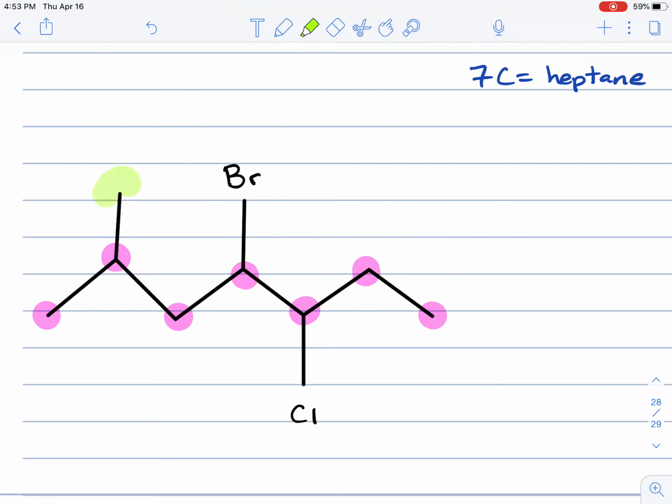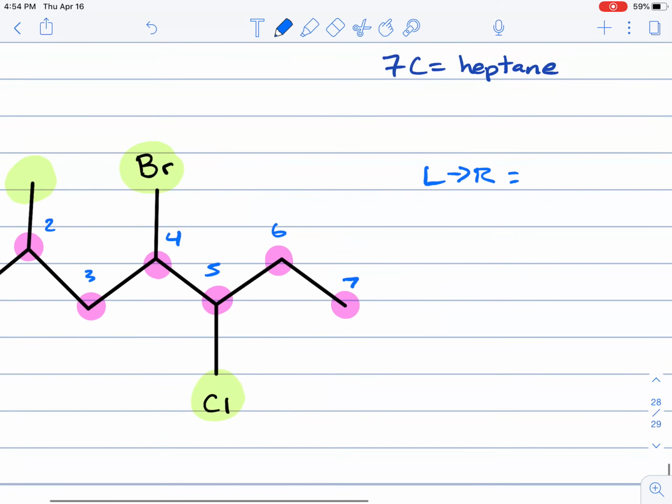So now I'm going to identify all of my substituents in green. And now I need to figure out my numbering system. I'm going to go from left to right: 1, 2, 3, 4, 5, 6, and 7. Let's see what that produces.